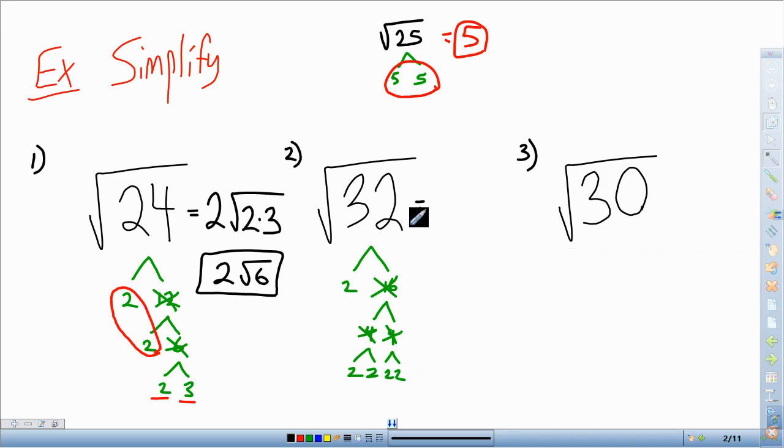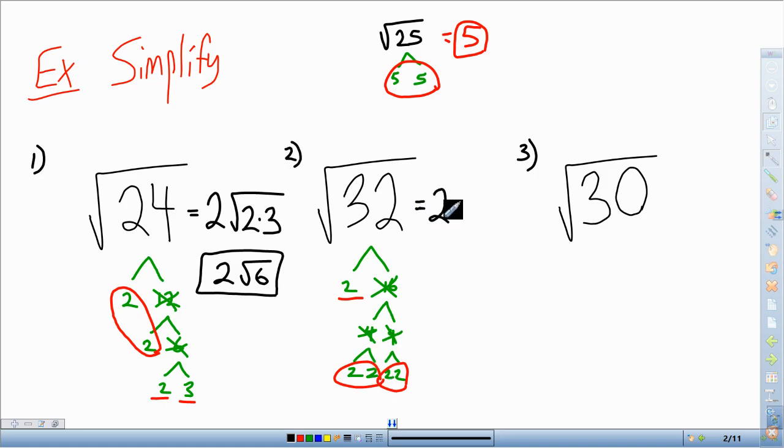What I'm looking for are pairs of the same number to take out. I can pair them however you want to pair them up is fine. I'm going to do these because they're right next to one another. This 2 up here does not pair up. Just a reminder, this pair of 2's means a single 2 comes out.